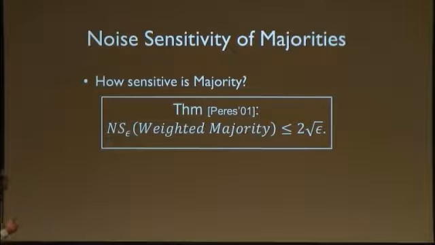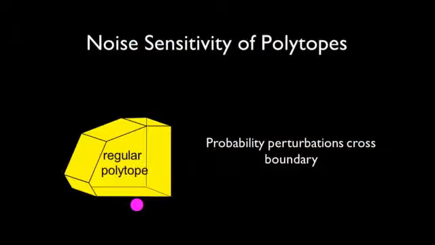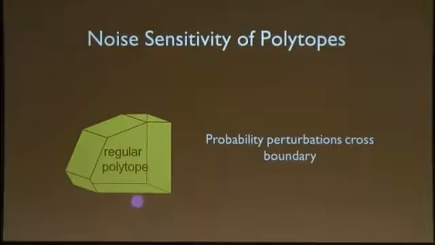And as we've been asking before, when you have a question about one majority, it's somehow natural to ask what happens if you have 2 majorities or 3 or 4 or several majorities. And this leads to the problem of computing or bounding the noise sensitivity of polytopes. So you have some polytope in n dimensions, and the noise sensitivity of the polytope geometrically means the following. You generate a random point, and we're interested in the probability that when you perturb this point, it ends up crossing the boundary.